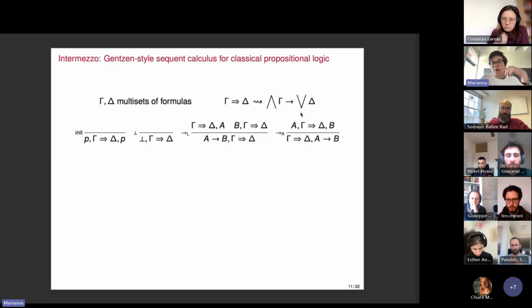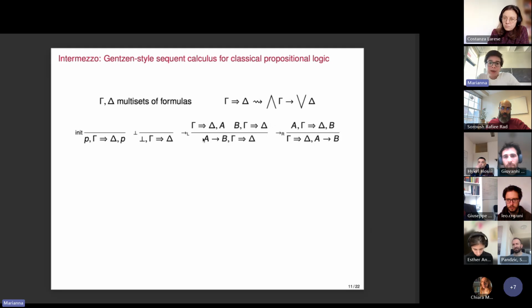To a sequent there usually corresponds a formula of the original language that you read as the conjunction of formulas in Γ materially implies the disjunction of formulas in Δ. Then, of course, you can have many different variations of sequent rules for classical propositional logic.